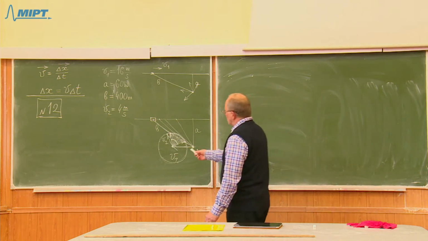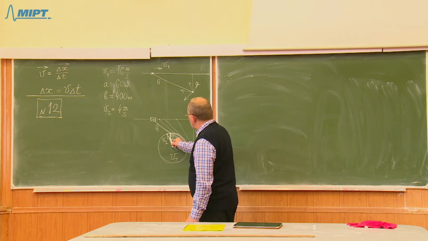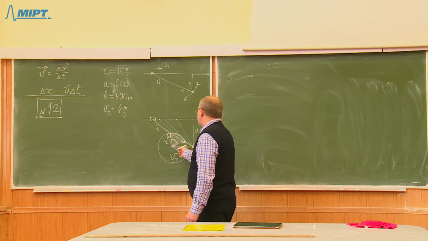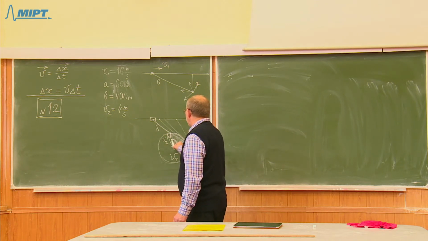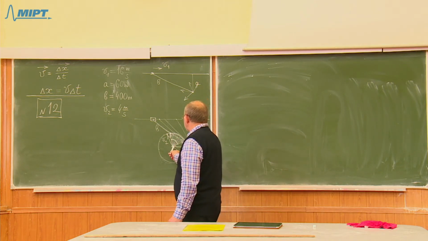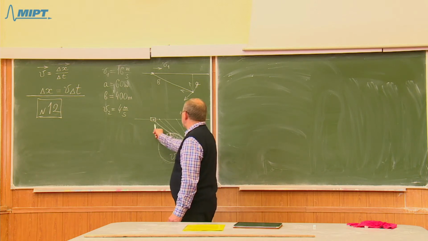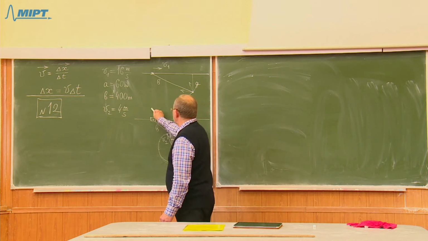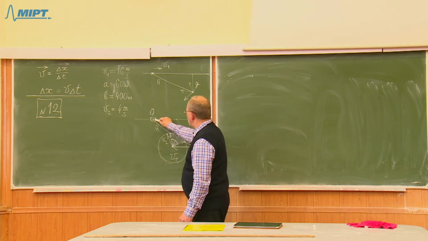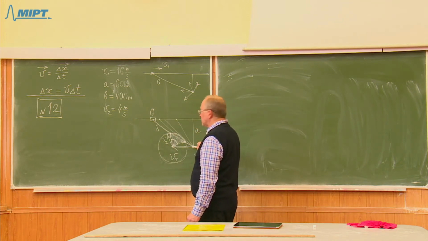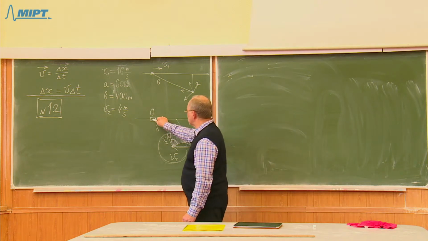Okay, so if the man chooses to change the direction along which he's running, he may choose the direction perpendicular to this line AO, for example. The line AO connects the initial position of the man and the bus.